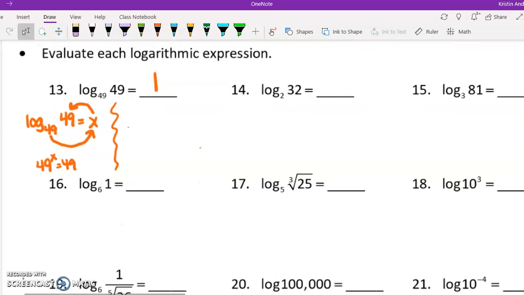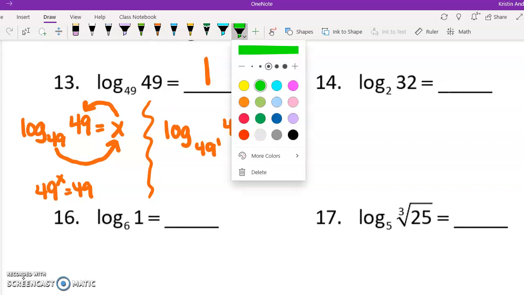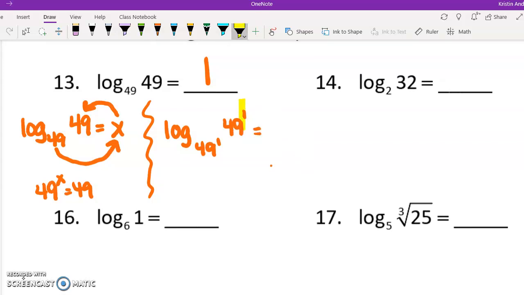What we can do for these, if you have the same base or the ability to write them as the same base, 49 is just 49 to the first. Then if you're looking for your answer, all you have to do is go 1 divided by 1. And that gives you your 1.